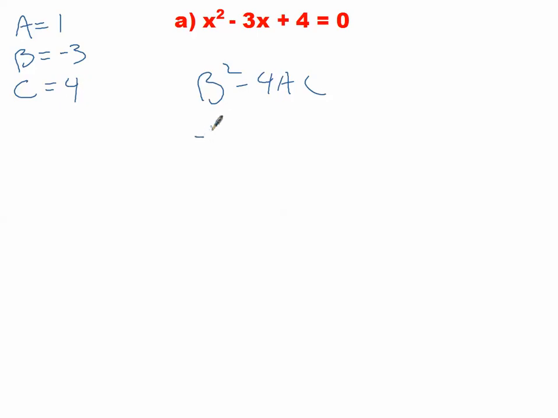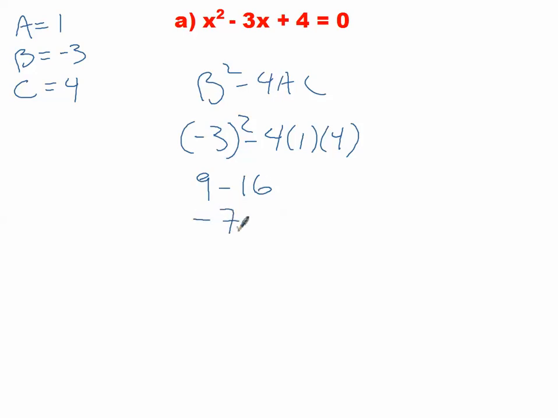So let's plug it in. So we have -3 squared, because that's our b value, minus 4 times a, which is 1, times c, which is 4. So -3 squared is 9, minus 4 times 1 times 4 is 16. 9 minus 16 is -7.